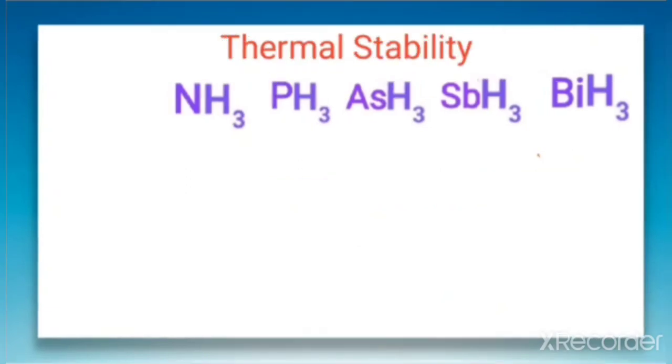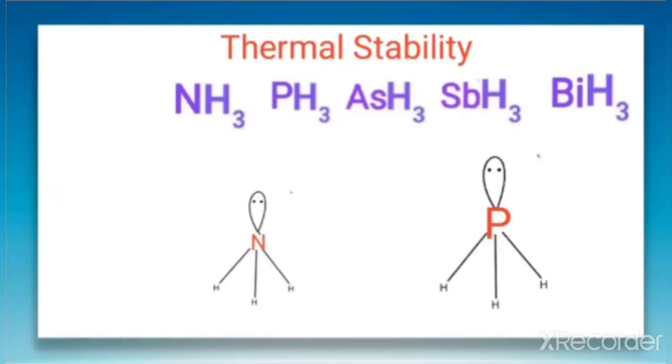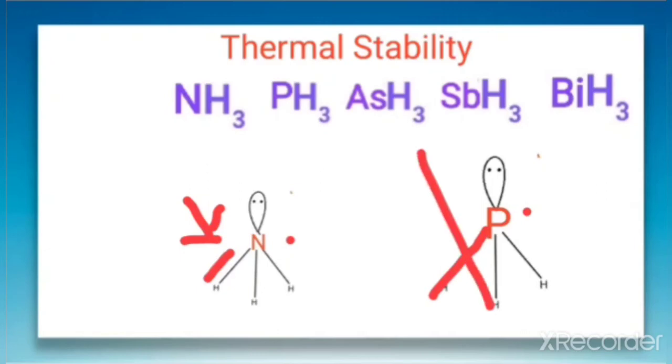Next, thermal stability. When we take the case of NH3 and PH3, because the size of nitrogen is smaller, the bond length will be smaller. So it is difficult to break this bond. But in the case of PH3, the size of P is greater, so the bond length is greater, so it is easy to break the bond.